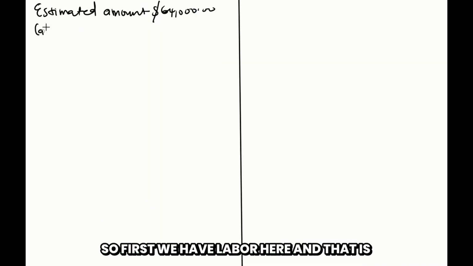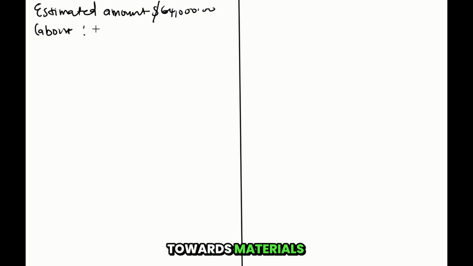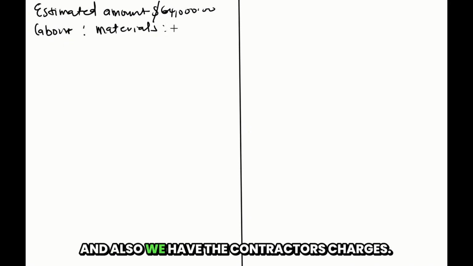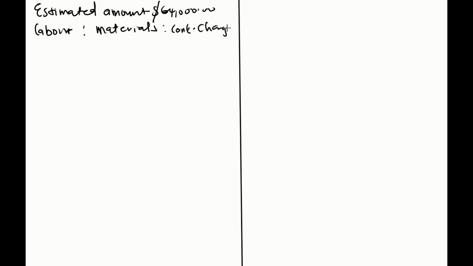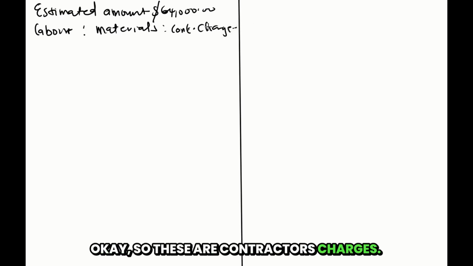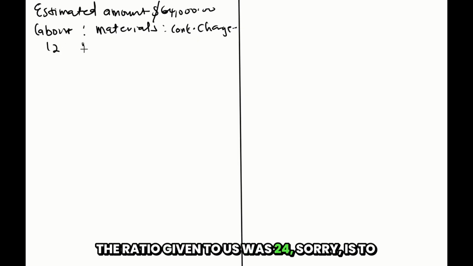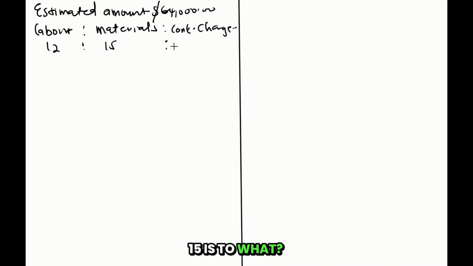So first, we have labor here, and that is to materials, and also we have the contractors' charges. The ratio given to us was 12 is to 15 is to 5.